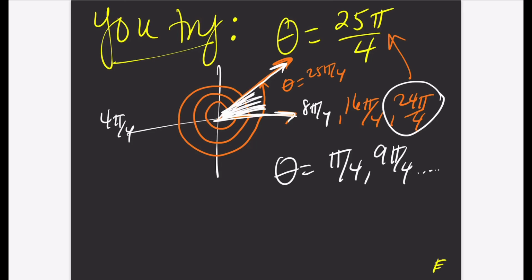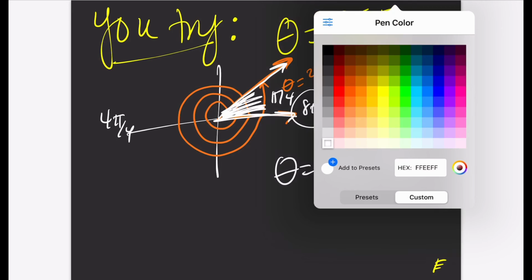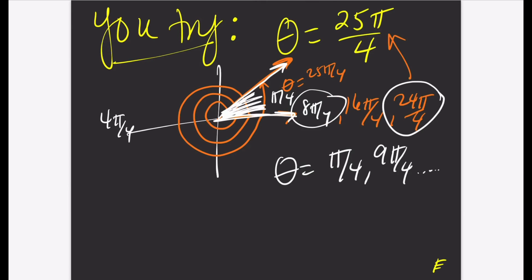So now that we know that this is pi over 4, let's go ahead and find a negative coterminal angle. Keep in mind that 1 full revolution will be negative 8 pi over 4. So the very first negative coterminal angle will be from here. Let me redraw it. So our 25 pi over 4 started here and ended here.